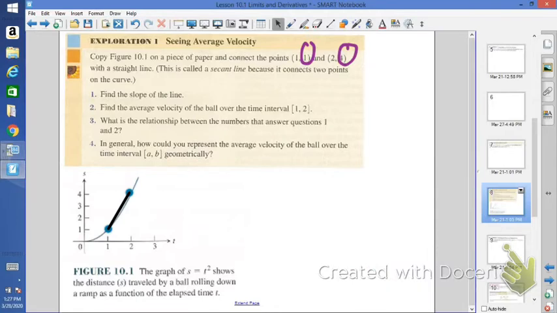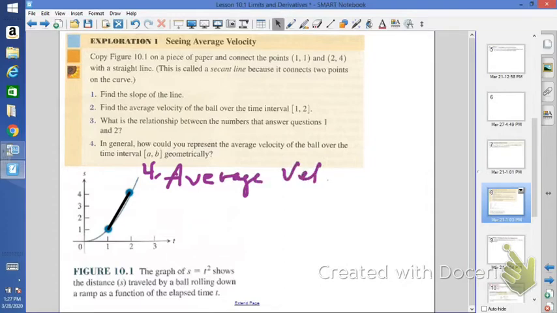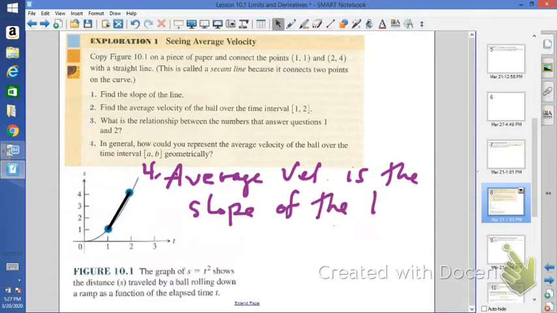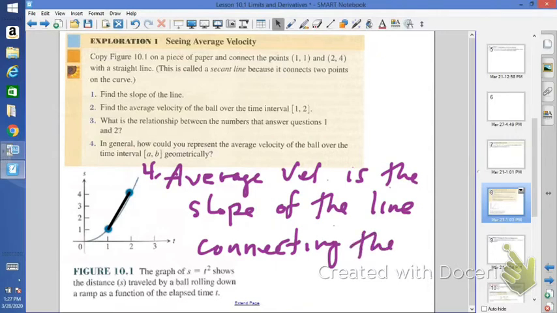Alright, so to answer that we're going to need a little bit more space, and what we're going to say is that average velocity is the slope of the line connecting the 2 points, or the secant line.